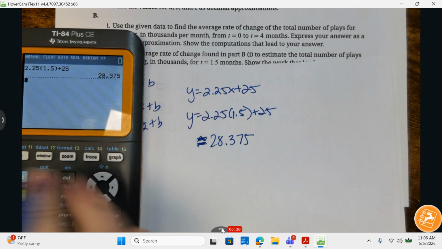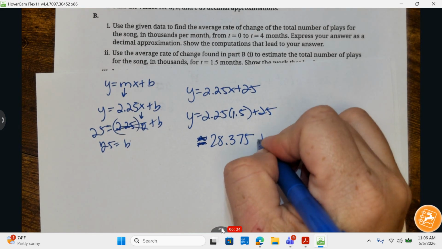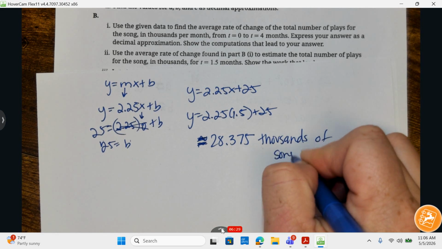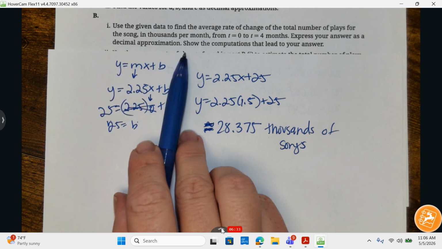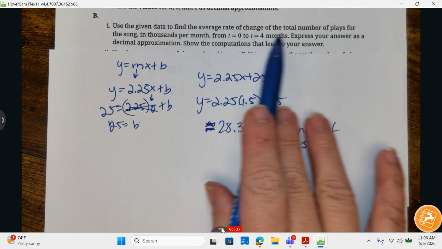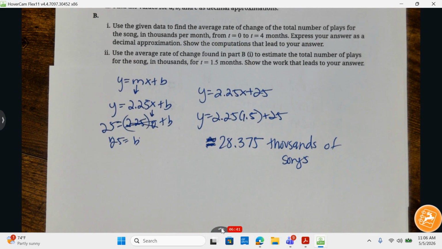Exactly 28.375 thousands of songs. Again, what does it mean? Express your answer as a decimal. We see the computation, we're looking for using this average rate of change. Yep, okay, we got that all down.